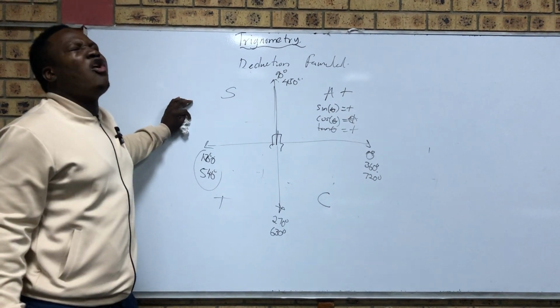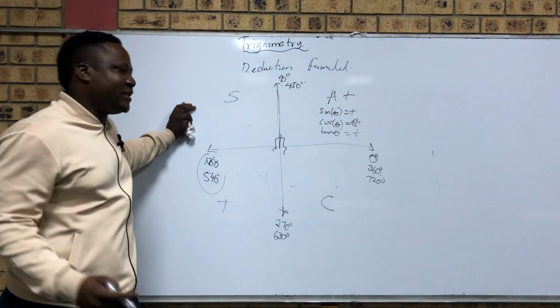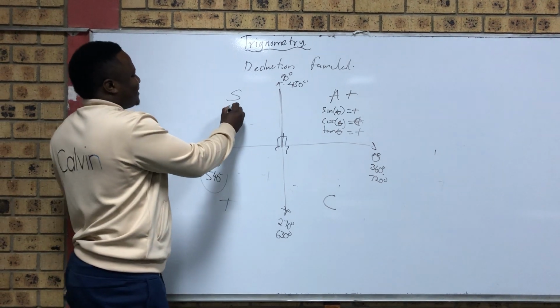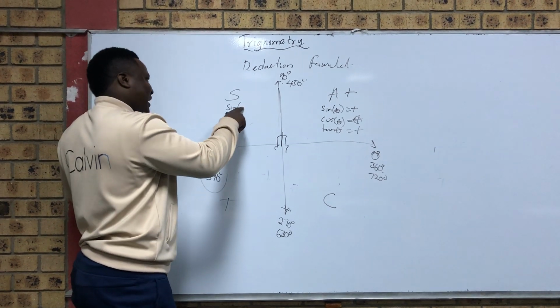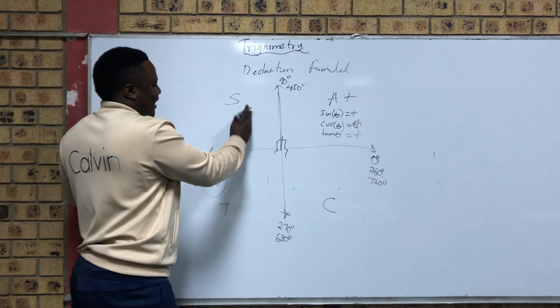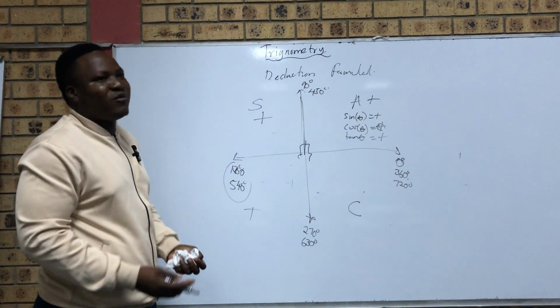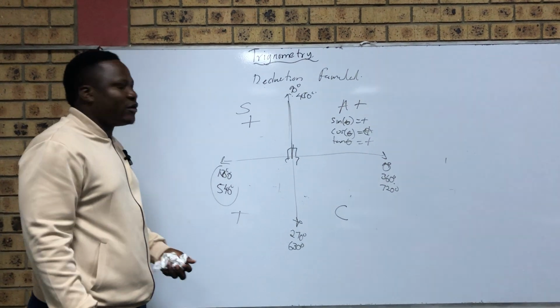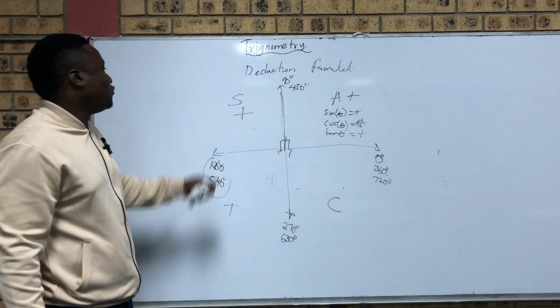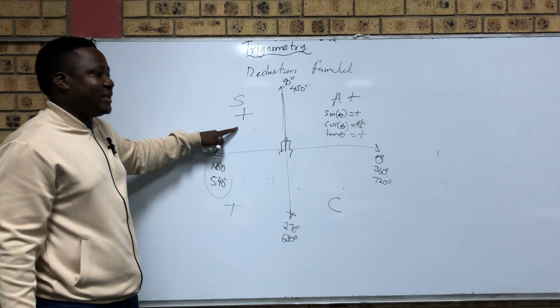Then here only sine is positive, so sine of any angle between 90 and 180 is positive. You can press sine of 130 or sine of 120 and you always get a positive, which means cos is negative, tan is negative.